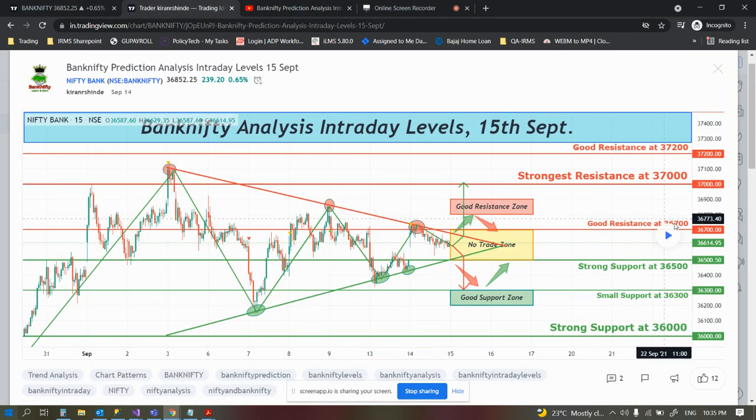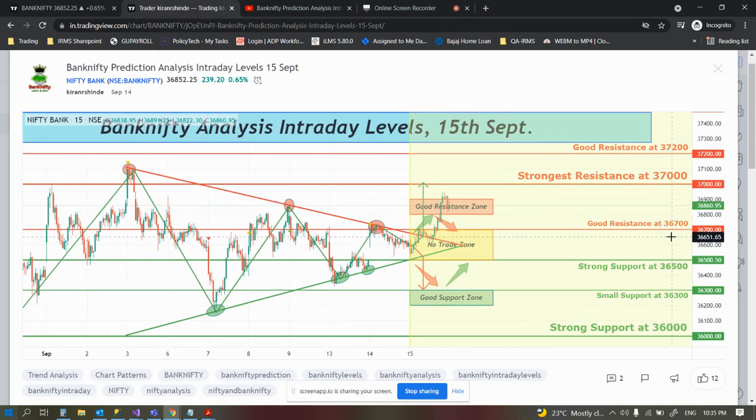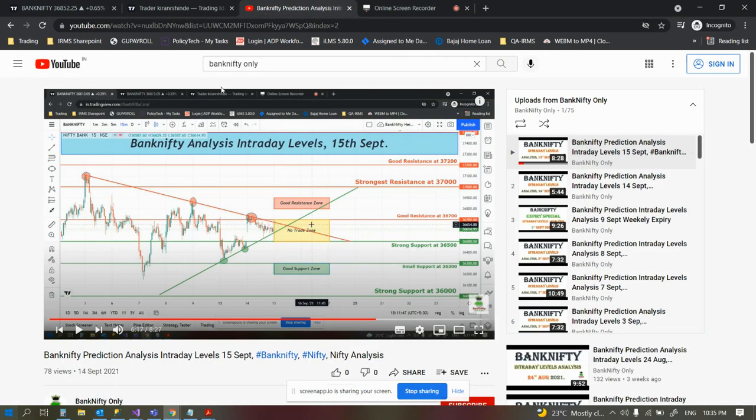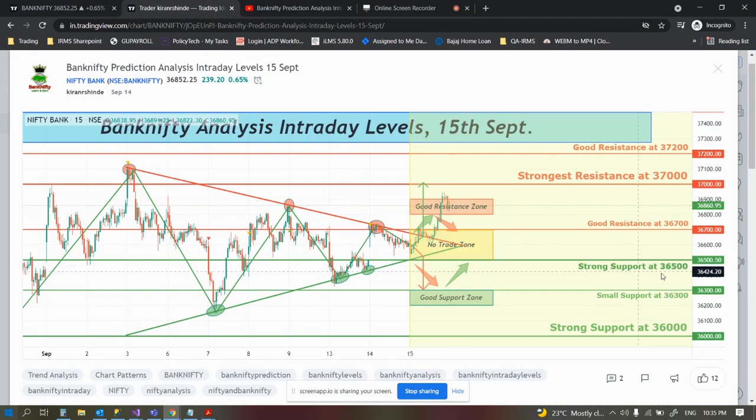Let us see how the market behaved today. In the opening, we saw selling pressure for the first 15 minutes and the market taking support of this trend line, bouncing back from this level, 36,500.